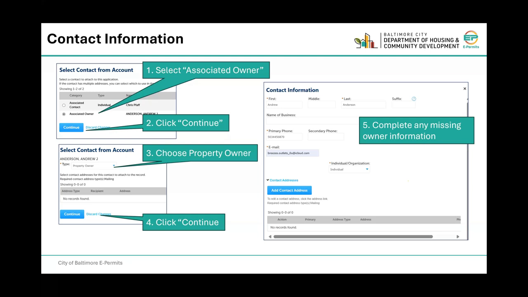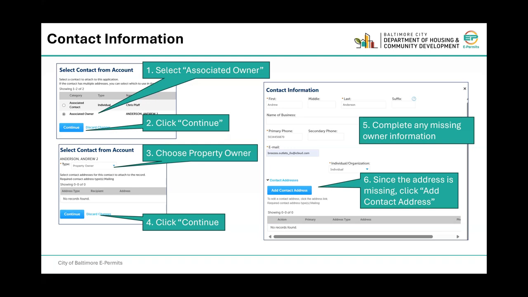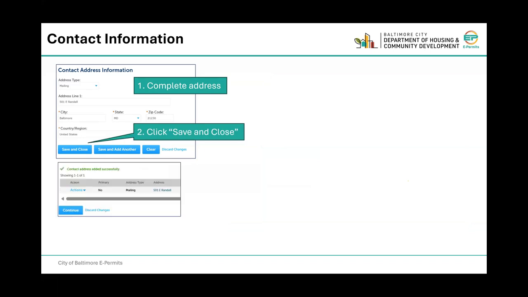Complete any missing owner information. Since the address is missing, click Add Address, Add Contact Address. Complete the address information. Click Save and Close. Click Continue.